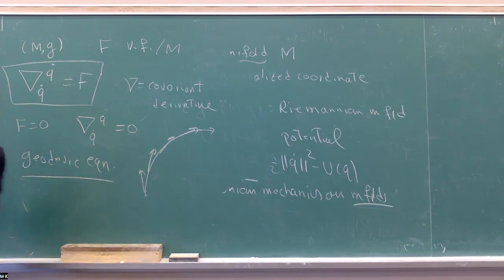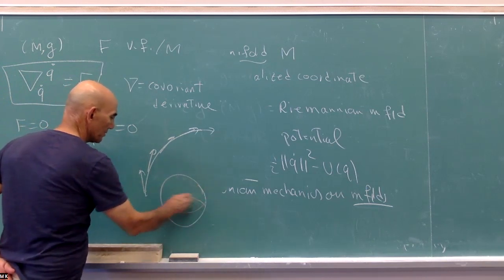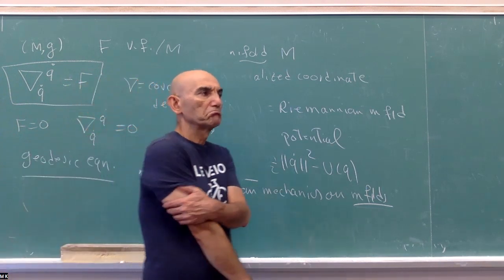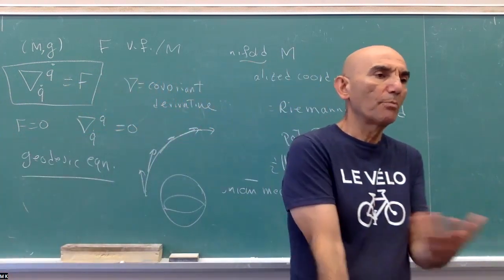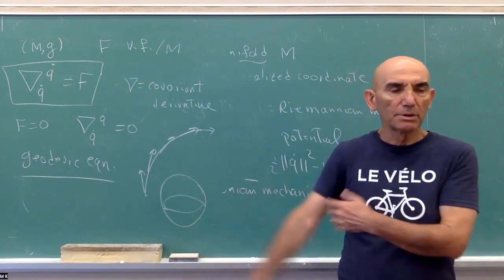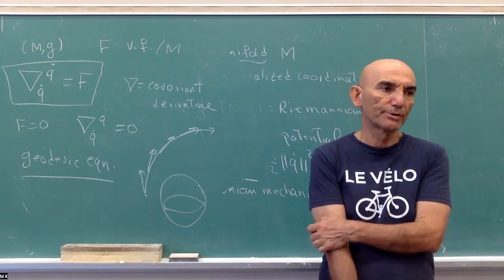For example, over spheres these are great circles, and over other things. Geodesics are paths of particles on these Riemannian manifolds which are subject to no force.